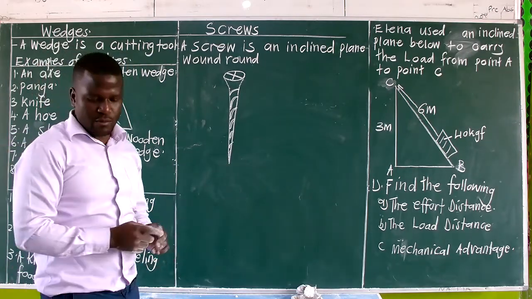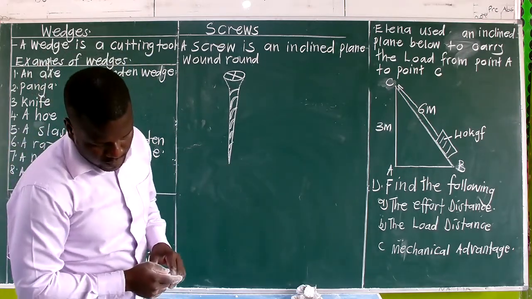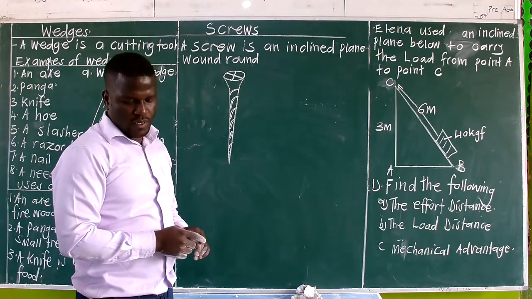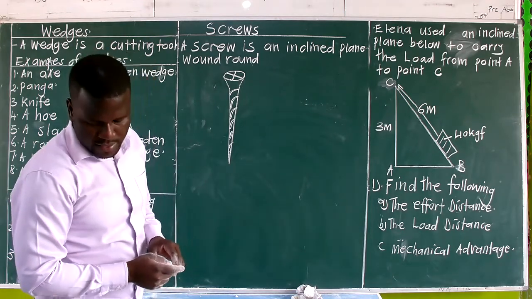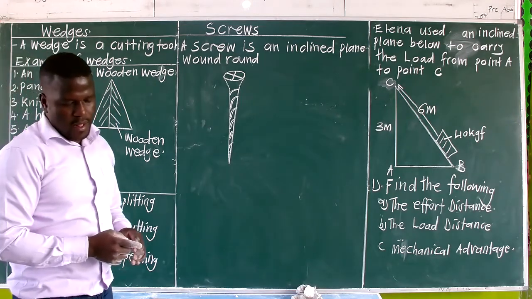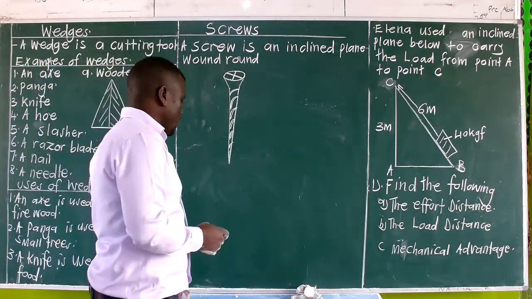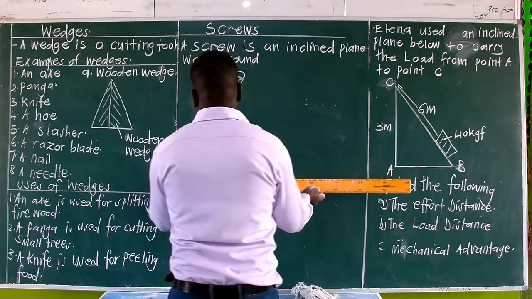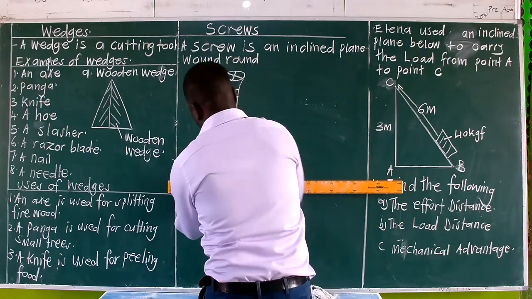So this is an example of a screw. A screw is an inclined plane wound round. Examples of screws.